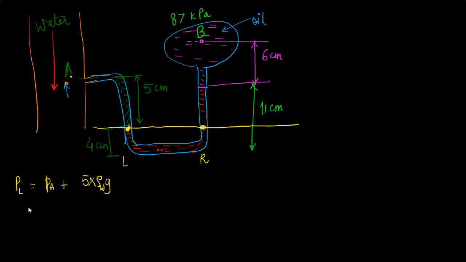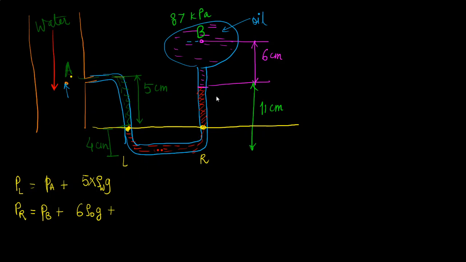Okay. What about this particular point, PR? The pressure at point R will be equal to PB plus 6 times rho of oil times G plus, the red fluid is mercury. This particular fluid is mercury.